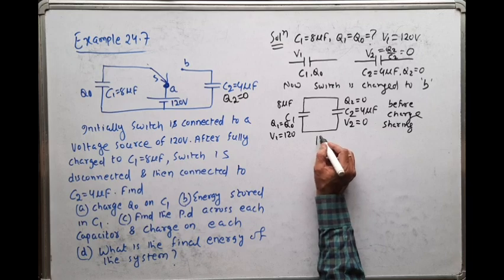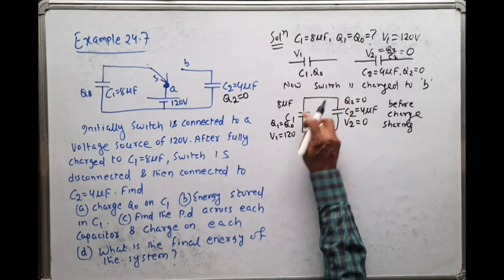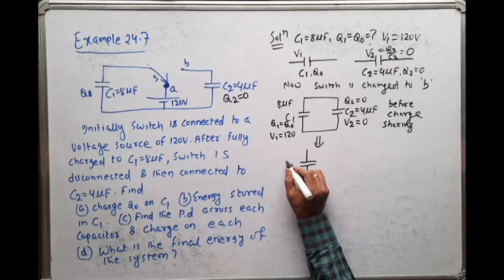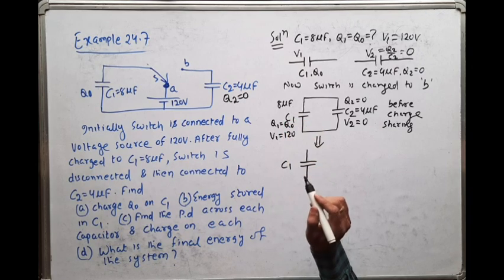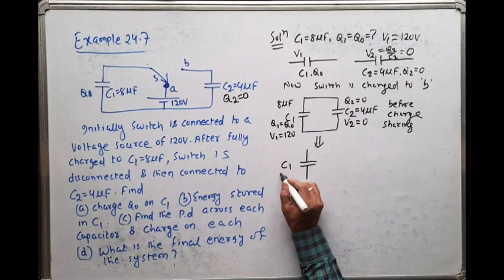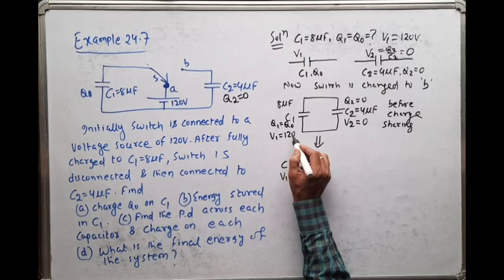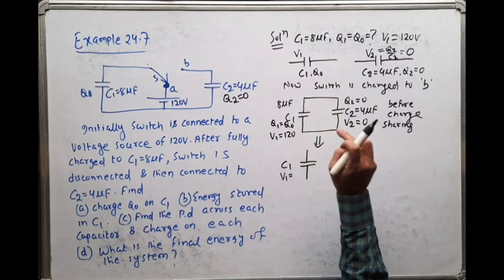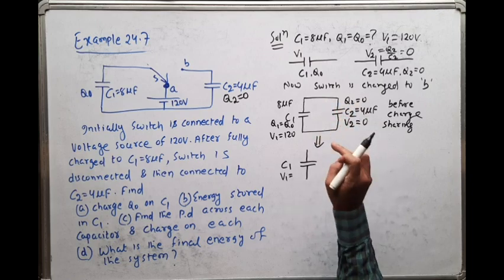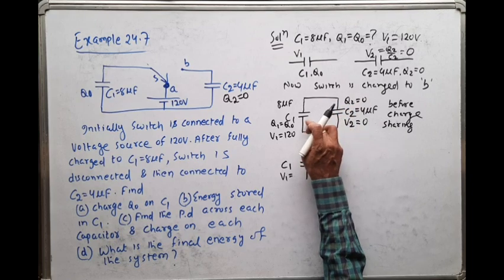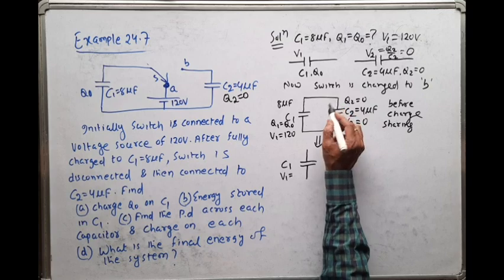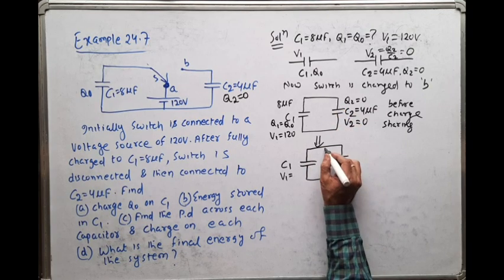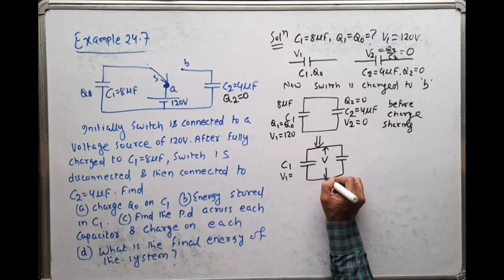But after some time, when charge distribution is completed, the capacitance of the first capacitor will remain the same, that is 8 microfarad, but the voltage will not be 120 because during charge sharing this capacitor will lose charge and this capacitor will gain charge, so the potential difference here decreases and here increases. After some time both will have the same potential, which is nothing but the common potential.